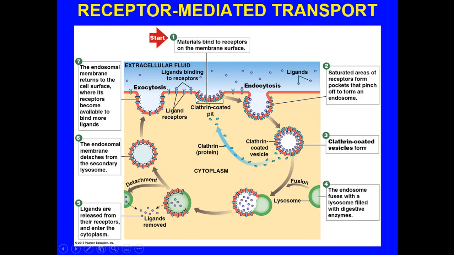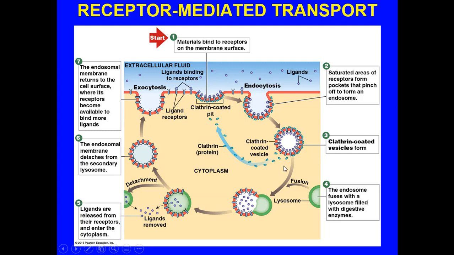All these receptors with bound ligands cluster together and form a cavity. Eventually, the pocket pinches off from the cell membrane, and there you have a clathrin-coated vesicle. The clathrin eventually detaches and is recycled.